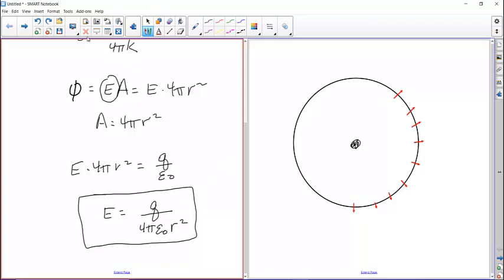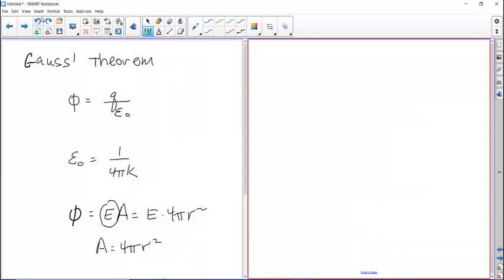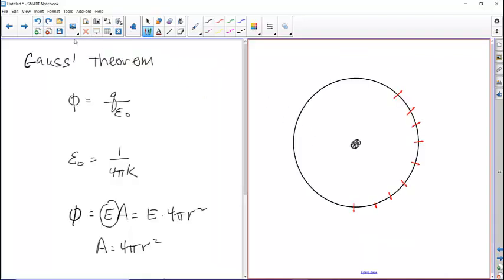Now, the second case would be, what if I put something like a bigger sphere, but it's still solid? So what I'm going to do is make another sphere. So it's bigger. The amount of excess charge is the same.